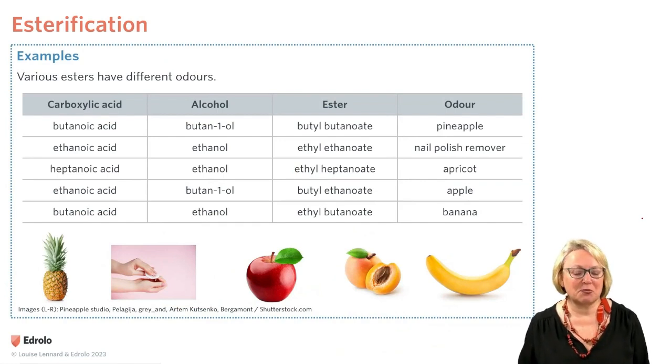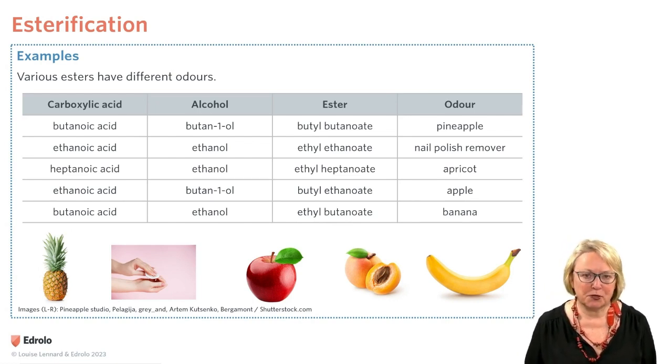Okay, some examples. Esters have different odours and are really useful as flavourings. So depending on the combination of the acid and the alcohol, we get a range of distinctive odours or flavours.